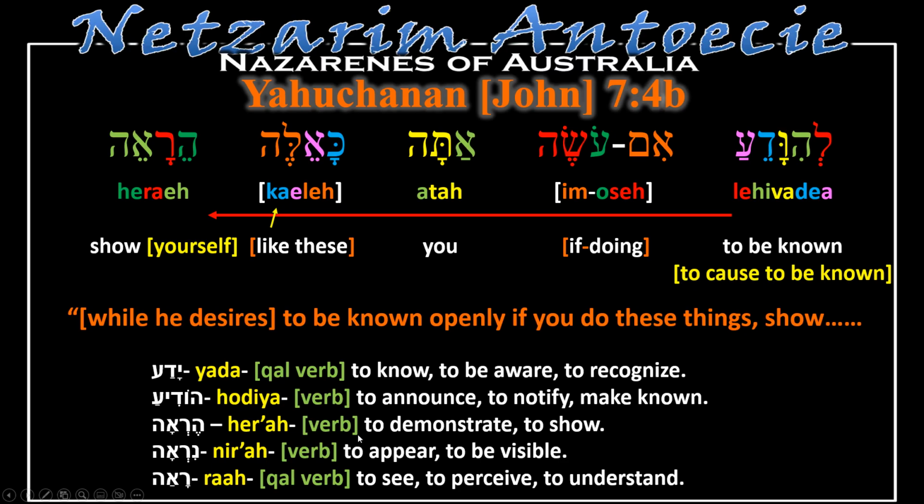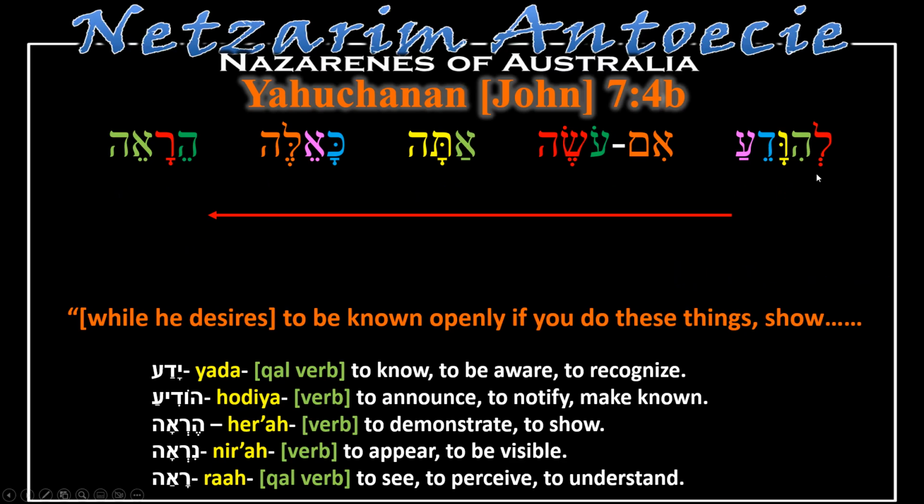And then we've got hera, which is to demonstrate or to show, which is the sort of basic word we got up here. Then we've got nir'a, which is a verb to appear, to be visible. And then we've got ra'ah, to see, to perceive, to understand. So I'm giving you extra bits of information to help you understand the words that surround that word. So let us read it now. Lehivada im oseh ata ka'eleh har'e.